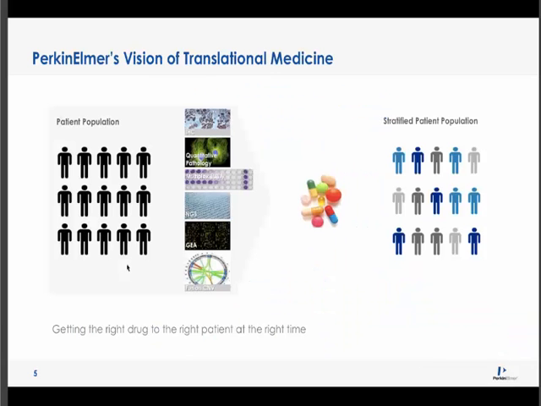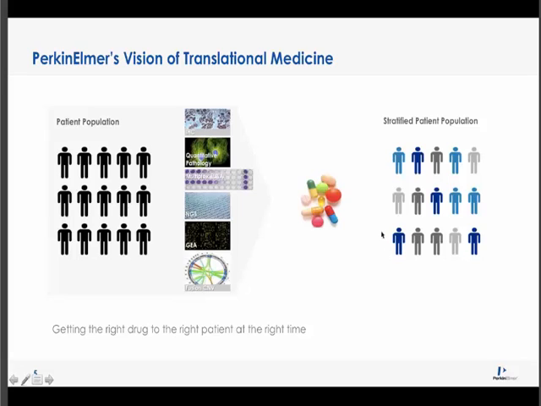The other thing to think about is how we view translational medicine overall, and what it really boils down to is what I was talking about earlier, which is biomarker discovery. Just to clarify what we mean by that: when looking at a patient population and all the various measurements and data that might be collected from that population, we want to analyze that data to find out what the differences are among these patients, so that we can get the right drug to the right patient at the right time.